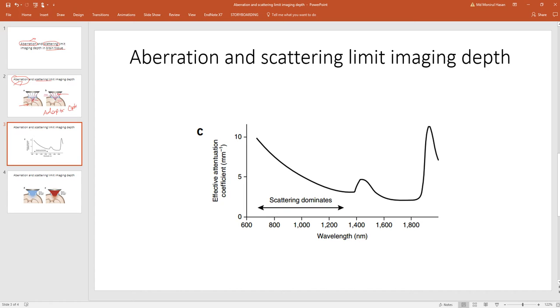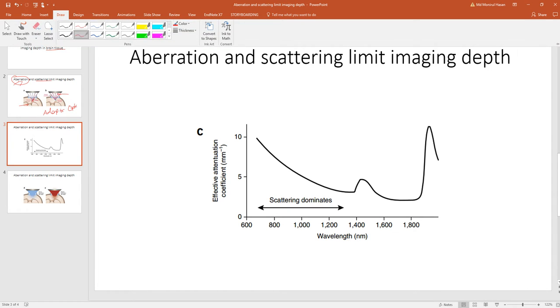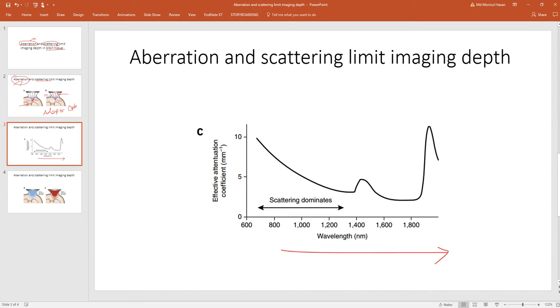If we look at this graph, in the x-axis is the wavelength, different wavelength, and in the y-axis is the attenuation coefficient, that is in per millimeter. If we look at the graph, in the low wavelength the scattering dominates basically, and the attenuation coefficient is high here.